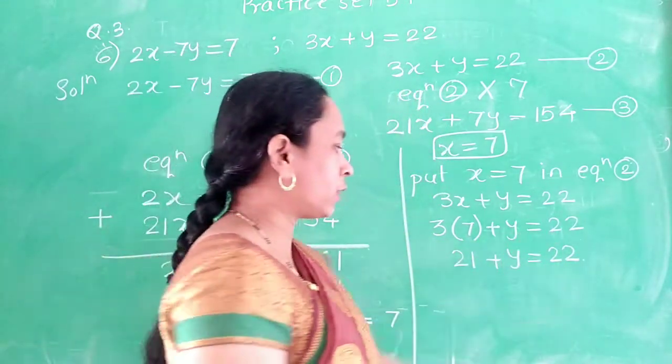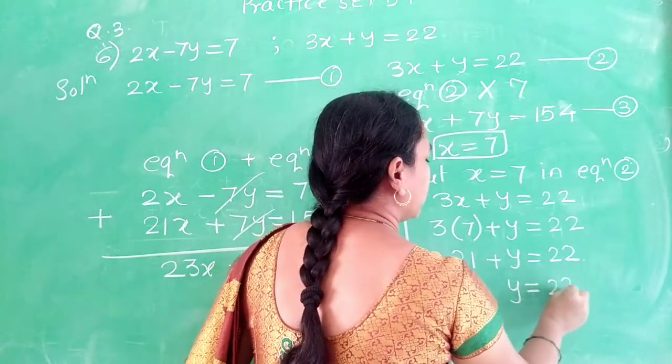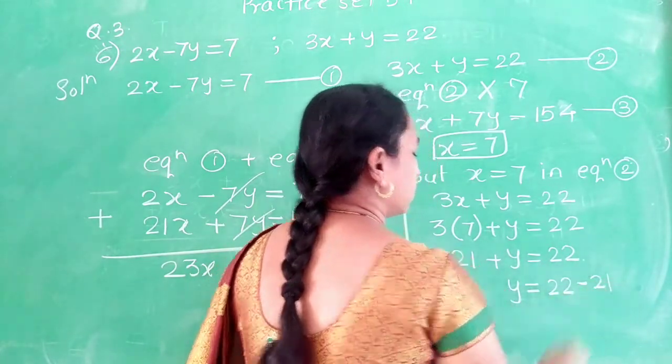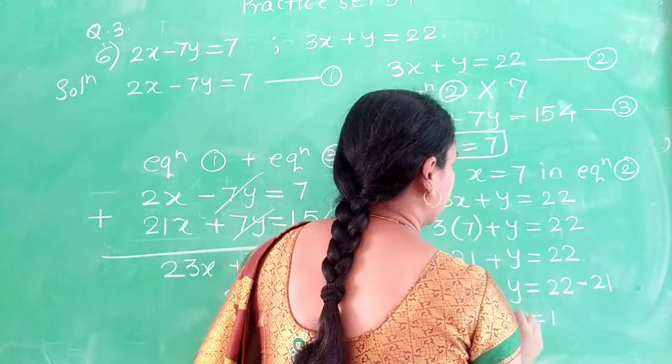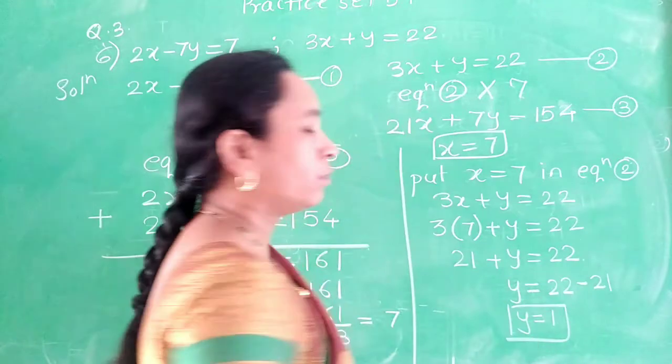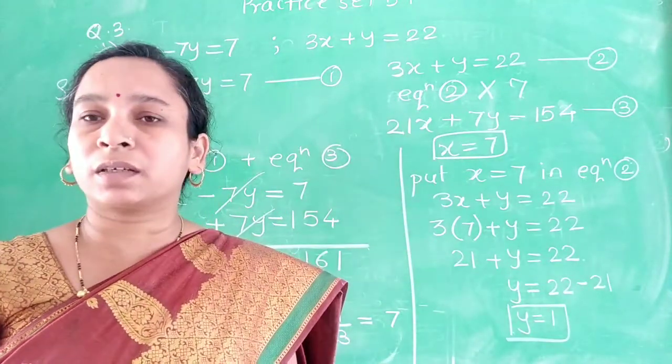Transfer 21 to that side. So y is equal to 22 minus 21. If you subtract it, we will get the answer 1. It means we have got the solution x is equal to 7 and y is equal to 1.